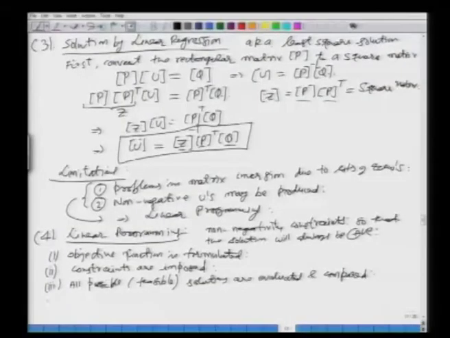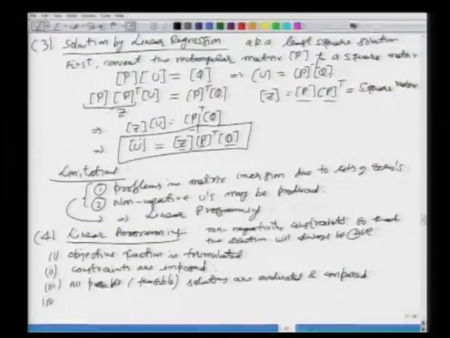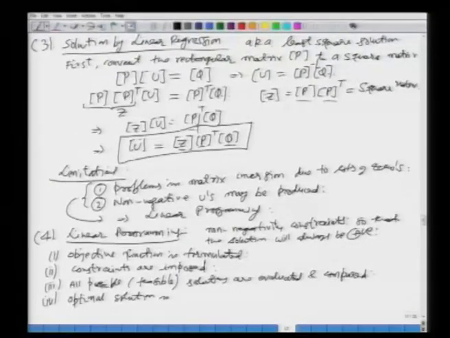So, we look at all the possible or feasible solutions on the boundaries in the case of linear programming, and we compare various solutions that are available, and then we select the best. So, the last step is, optimal solution is selected, or chosen. What is the optimal solution? Well, the one which gives you the 0 error.